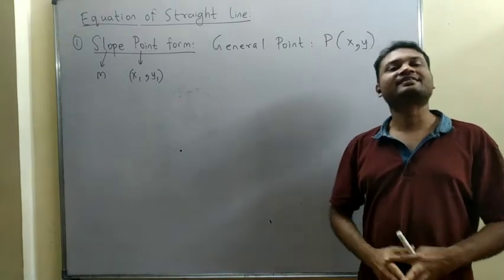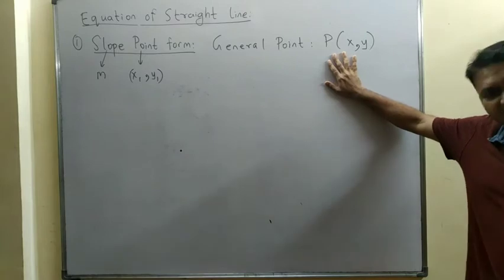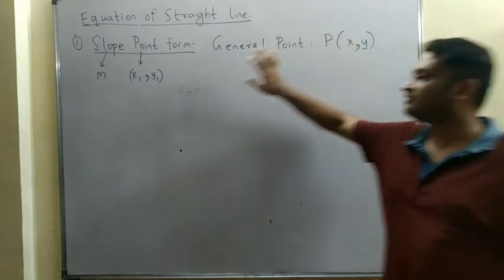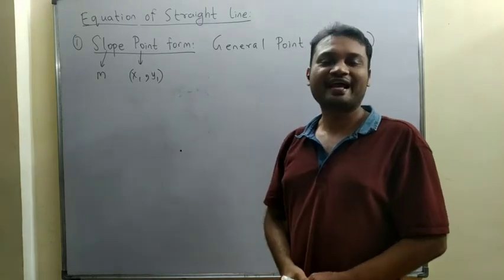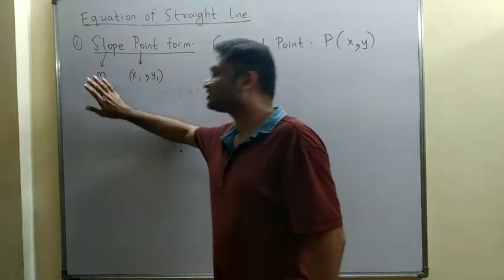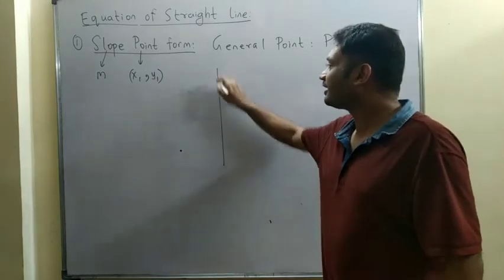One is the general point x, y, which is lying on that straight line. We have a fixed point x1, y1, which is also lying on that straight line, and the slope of that straight line is m.